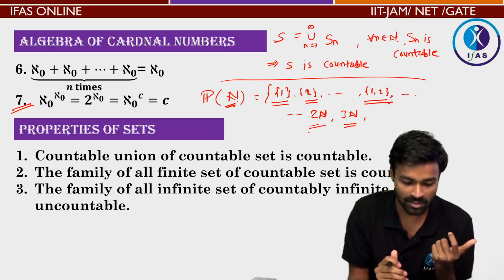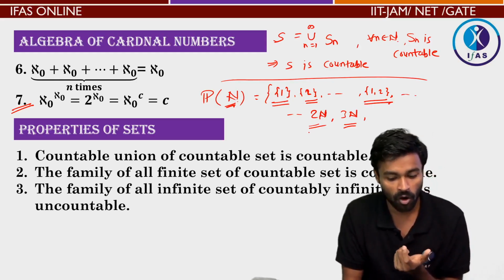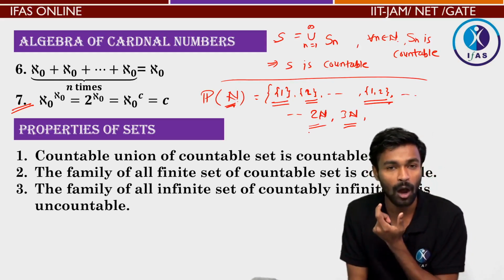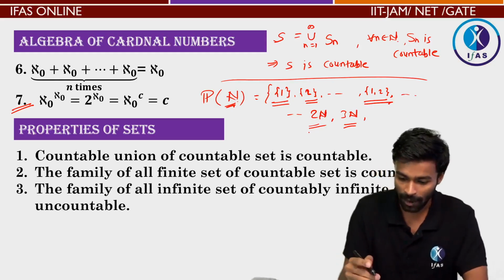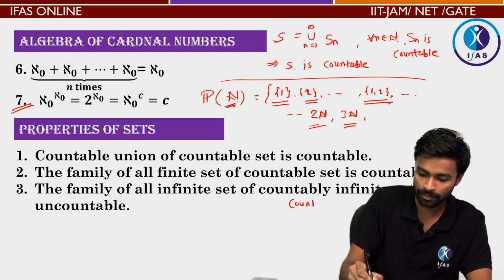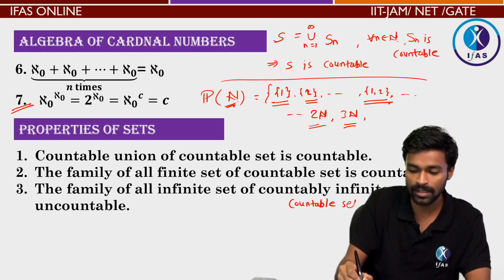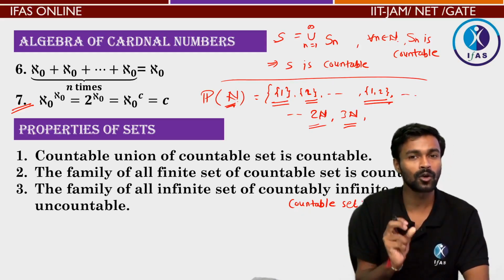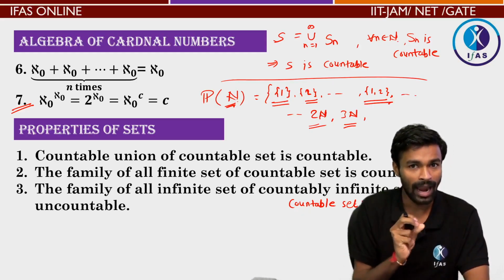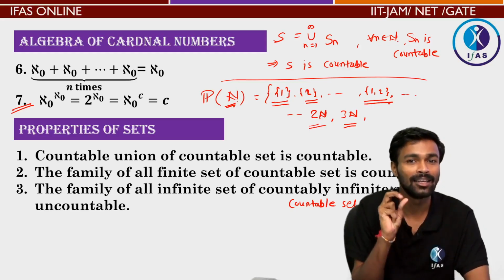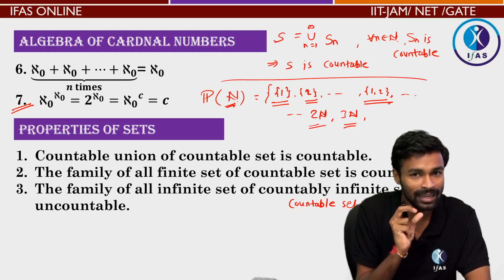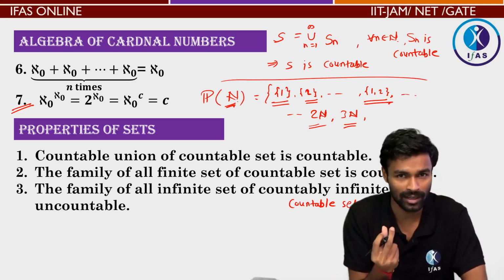Right. The next one, the family of all infinite subsets of a countably infinite set. If I replace countably infinite with countable set, then a countable set also contains finite sets. And there does not exist any infinite set which is a subset of a finite set.